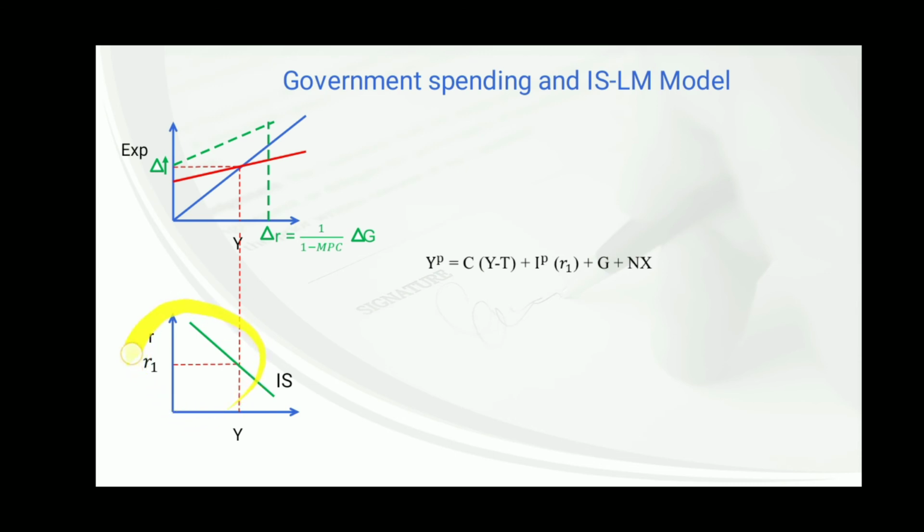When the real interest rate is R1, this is our output, and that is a point on our IS curve.